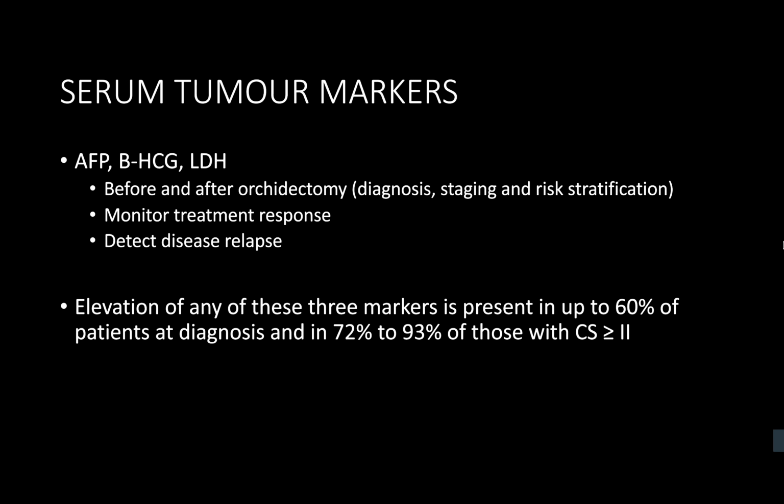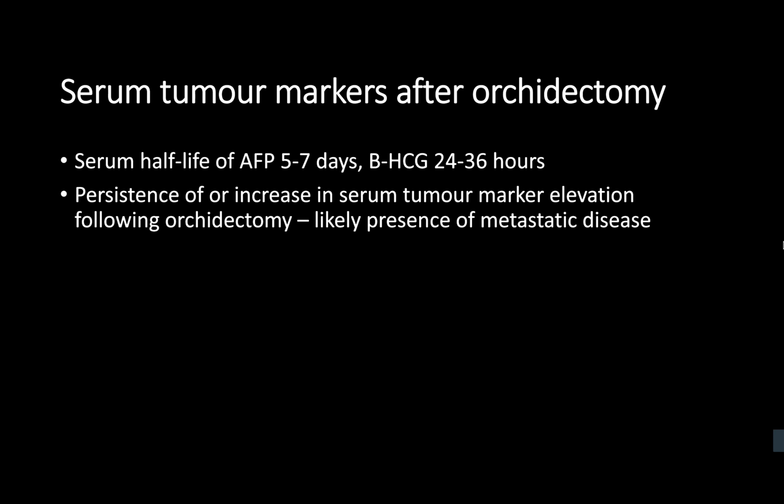What is the half-life of AFP? So alpha-fetoprotein half-life is 3 to 5 days. For beta-hCG, it is 24 to 36 hours. Okay. Is there any condition where the AFP can rise without a testicular tumor? Yes. Alpha-fetoprotein is expected to be high during the first year of life.